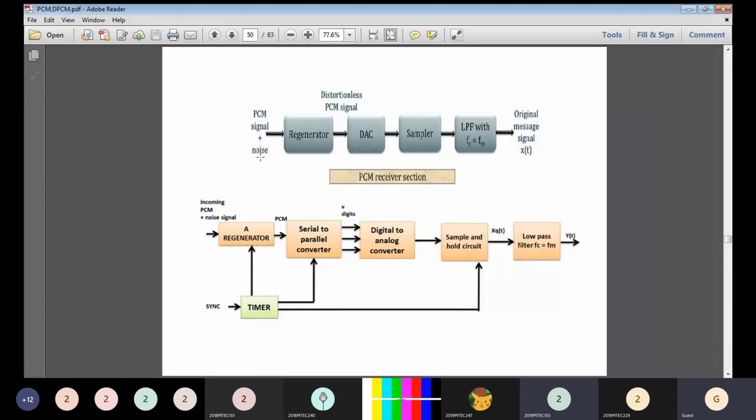That DAC signal is sampled by using a sampler. Then it will pass through a low pass filter. In that low pass filter, the cutoff frequency fc will be set as fm. So we are extracting only our message frequency alone. We are getting back our original message signal x of t.